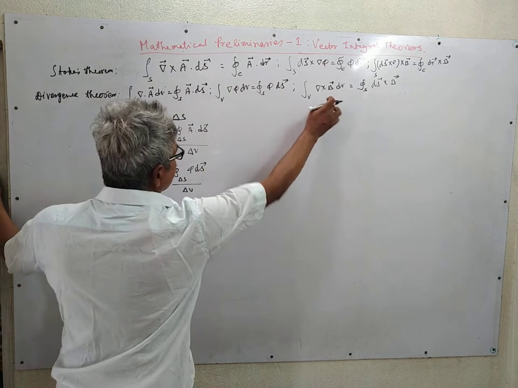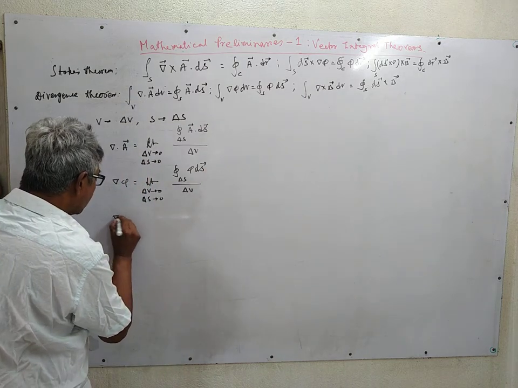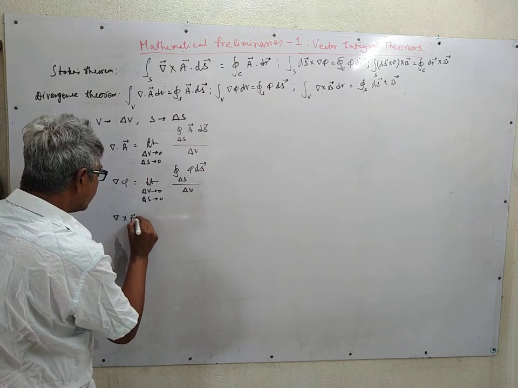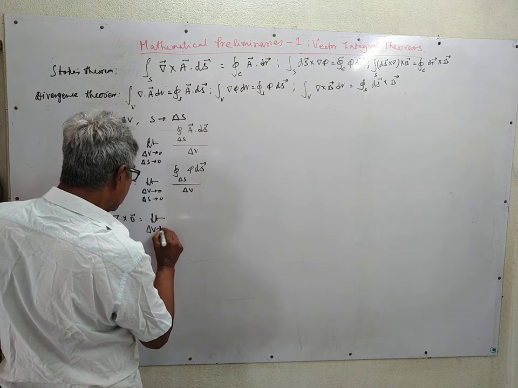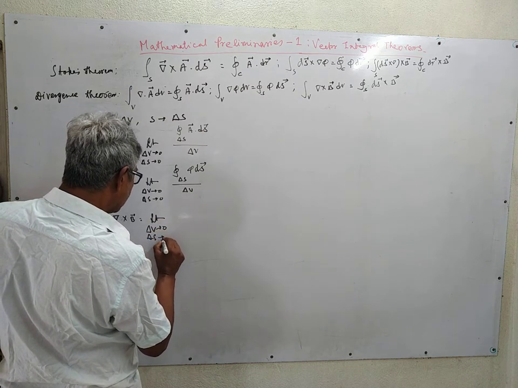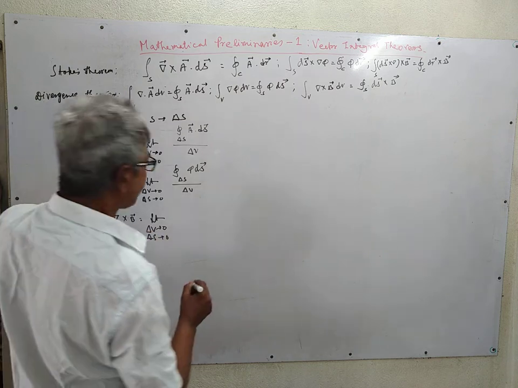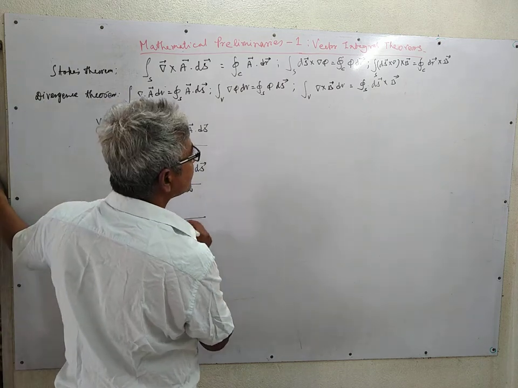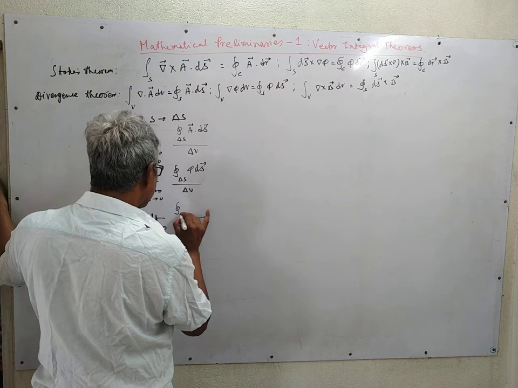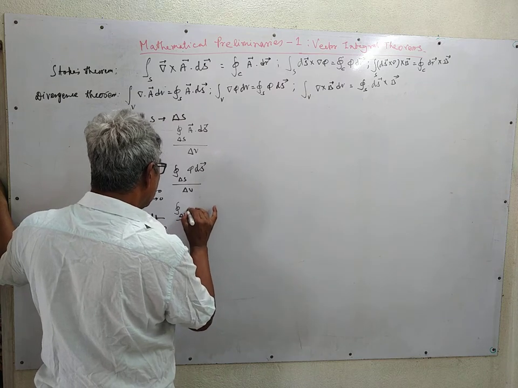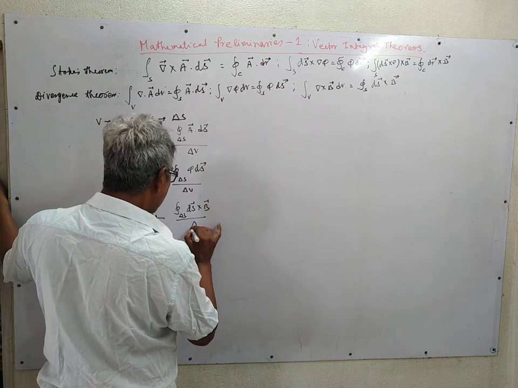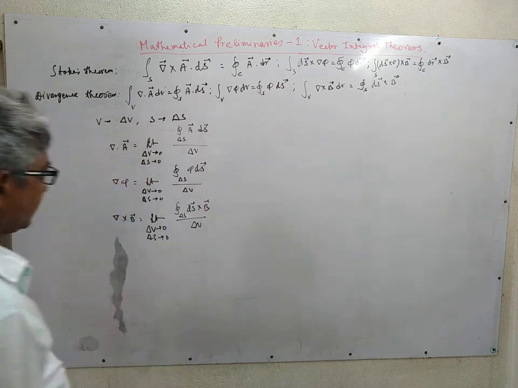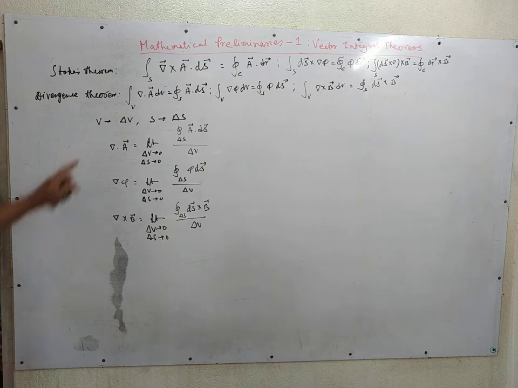And finally coming to curl, from the third form we get the definition of curl as the limit delta V tends to 0, delta S tends to 0. This is equal to surface integration over delta S ds cross V upon delta V. These are the integral definitions of divergence, gradient and curl.